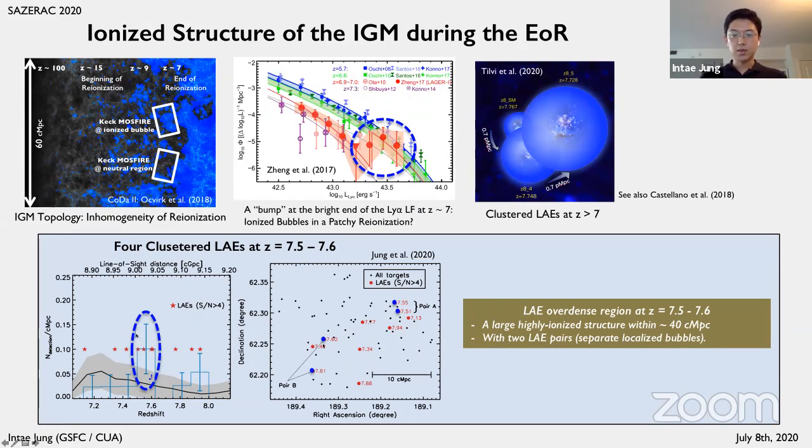The blue dots on the right are the clustered Lyman alpha emitters, which form two pairs of Lyman alpha emitters. These results indicate the presence of a large, highly ionized structure with a spatial extent of 40 cubic megaparsec containing these two locally ionized bubbles. So all of these findings provide evidence of inhomogeneity of reionization.